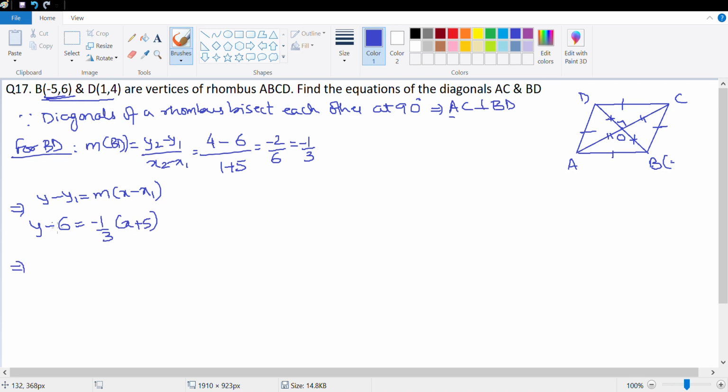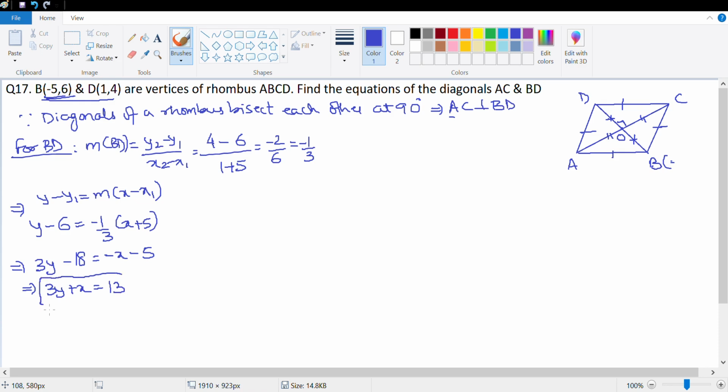Let's cross multiply now. So this will be 3y minus 18 equal to negative x minus 5. Let's take x and y on one side. So 3y plus x is equal to negative 5 plus 18, which means 13.